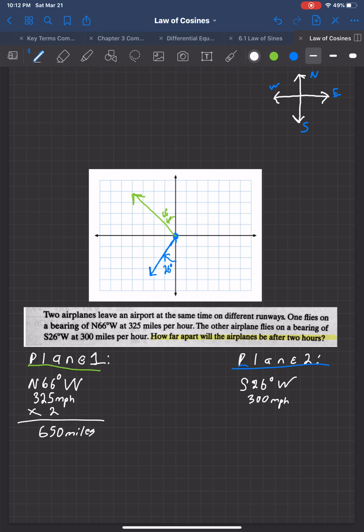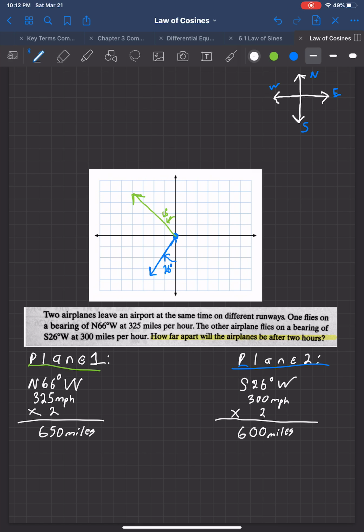I don't know. So somehow they just started off at 300, maybe 25 miles per hour, just instantly. But likewise, if the other plane is also going at 300 miles per hour for 2 hours, that would mean that they have traveled 600 miles.